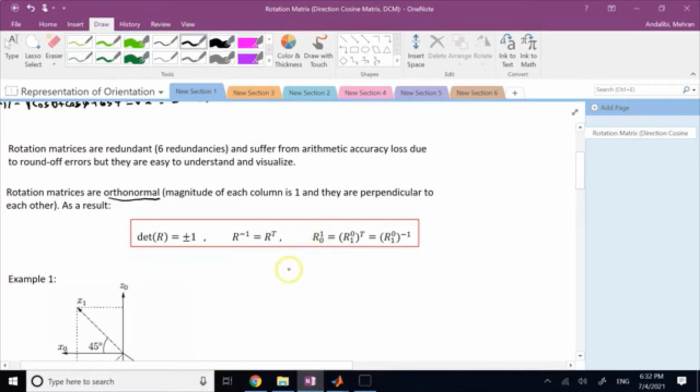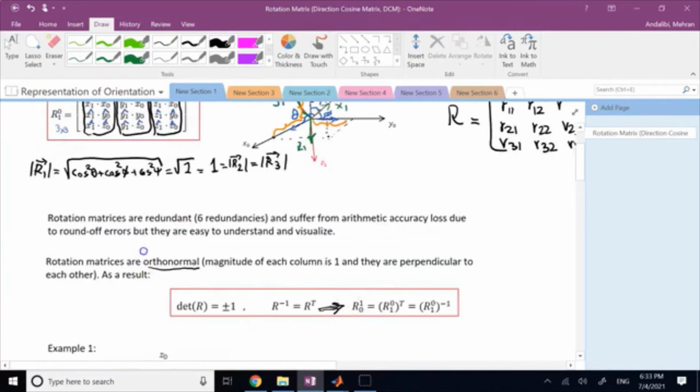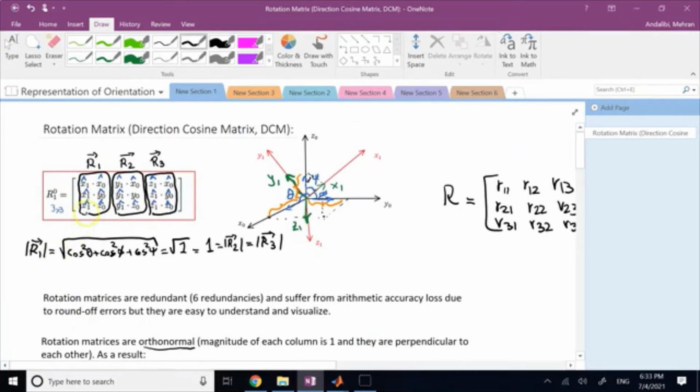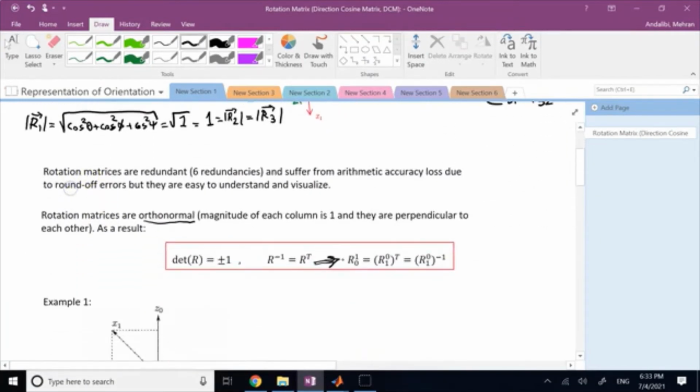And the other thing is, for example, we have to talk about this a little bit separately, but if you want to find the rotation matrix of frame 0 with respect to 1, because here what we had is frame 1 with respect to 0, if you look. But if you want to do the opposite, you want to determine the orientation of frame 0 with respect to 1, what you really need is to take the rotation matrix that we had, which was frame 1 with respect to 0, and take the inverse of it.